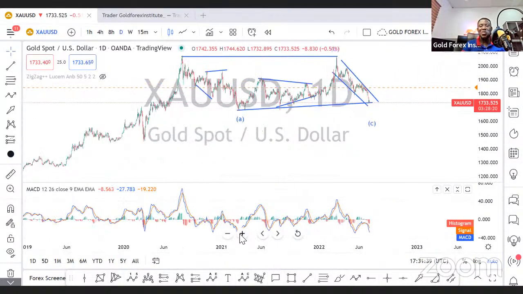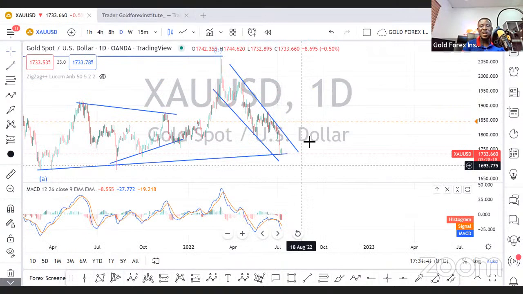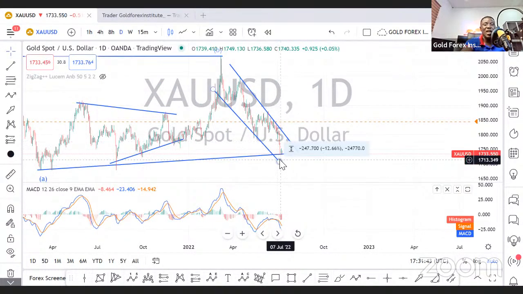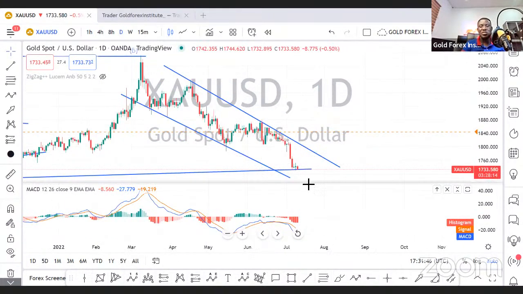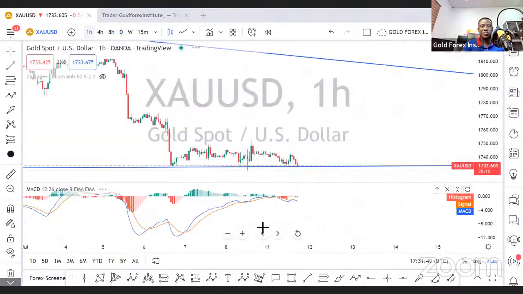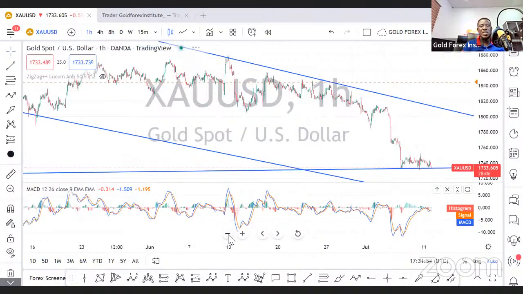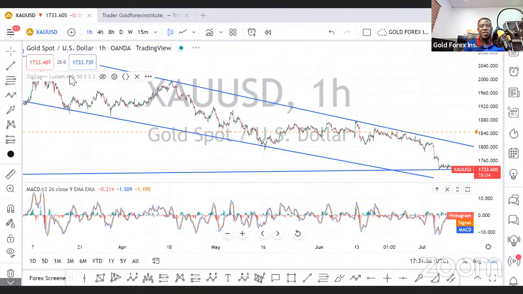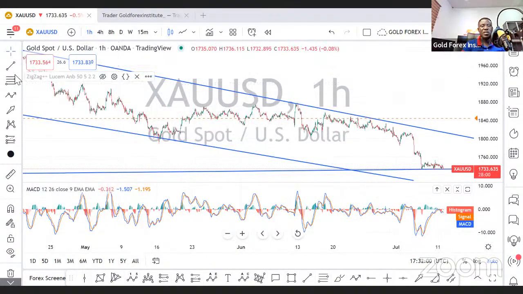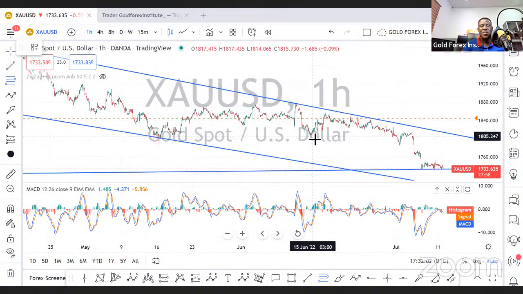Okay, so what you're expecting is a breakout. Now, the reason why I'm expecting it not to go again is that there was a harmonic pattern for me over here. Now, this is the breakout market structure.